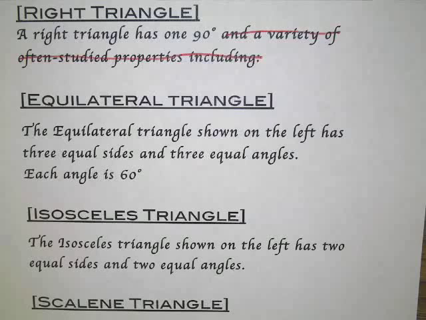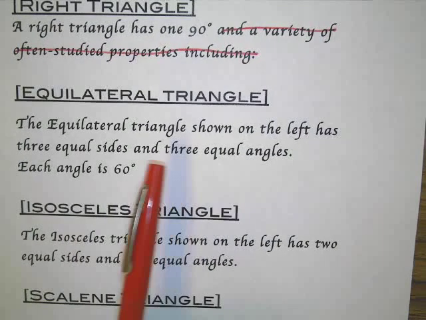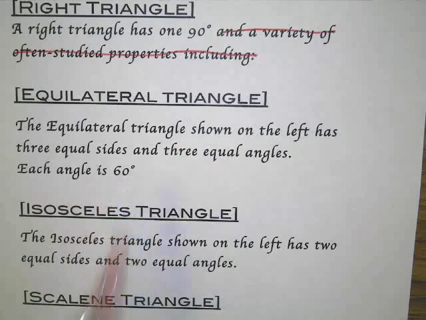Anybody know? If there's 3 and each one is 60, 3 times 6 is? 18. So it's 180 degrees. All 3 of our angles in our triangle are going to equal 180 degrees.